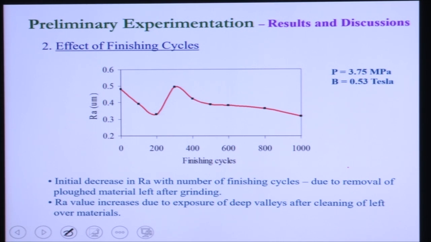Now finishing experiments are carried out at 37.5 bar pressure, or 3.75 megapascal, and with a magnetic field of 0.53 Tesla. Whatever final surface roughness is obtained from the previous experiment is considered as the initial surface roughness for the next experiment.